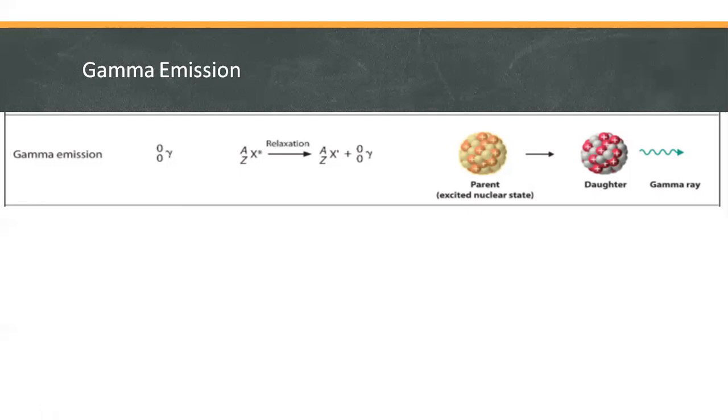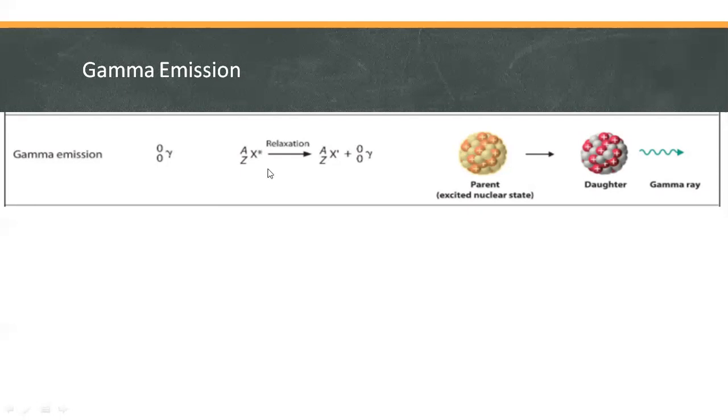Just as an electron in an electronic excited state emits energy in the form of a photon when it returns to the ground state, a nucleus in an excited state releases energy in the form of a photon when it returns to the ground state.